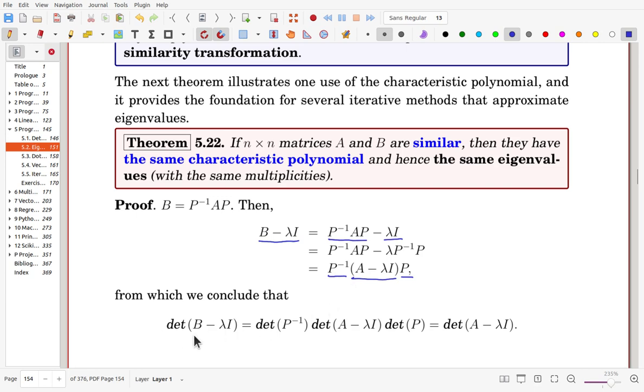So the determinant of B minus lambda I can be written as the determinant of P inverse, determinant of A minus lambda I, determinant of P. But this one is the reciprocal of that, so we can cancel them out and end up with the determinant of A minus lambda I, which means that once A and B are similar, they have exactly the same characteristic polynomial, so their eigenvalues are exactly the same.